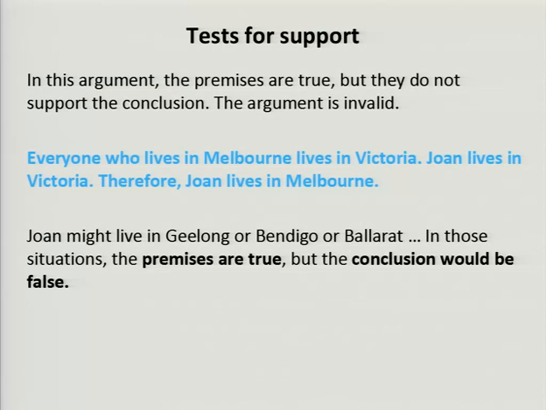It's a possibility. However, the argument as it stands doesn't support that, because we can easily think of cases where this conclusion would be false, namely if she lives somewhere else. So this would not be a valid argument. This is the type of thing that can't be the case if it is a valid argument.